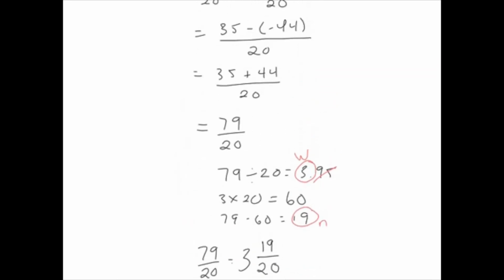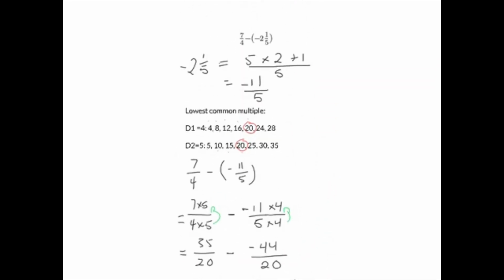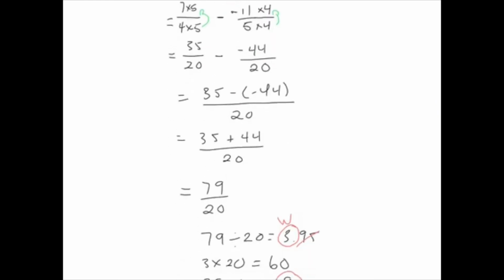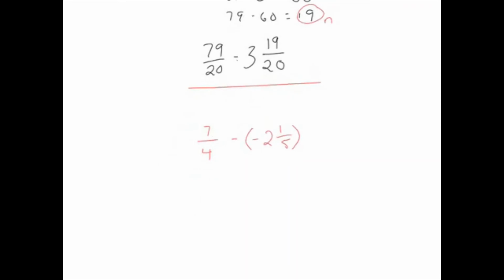And if we scroll back up here, we can see that the improper fraction was actually negative 11/5. So I am going to rewrite this as 7/4 subtracting negative 11/5.